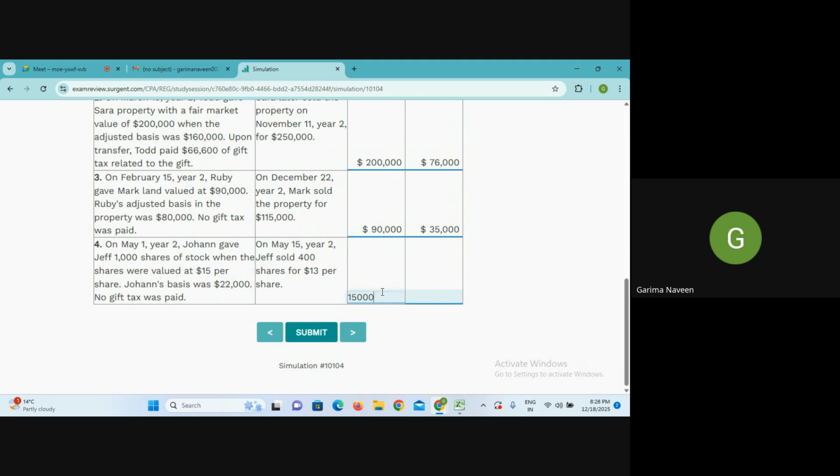Okay, so next, the amount of gain or loss. 9,000 loss. No, 400 shares were sold, no? Also look for wash sale here, if there is any wash sale.